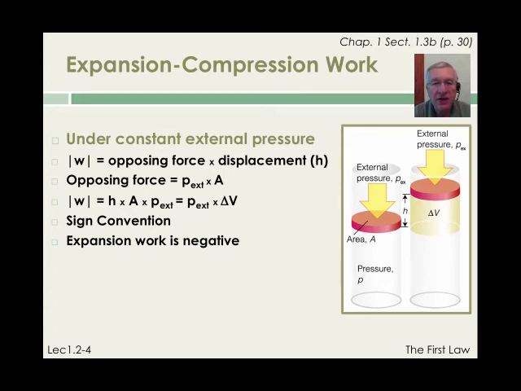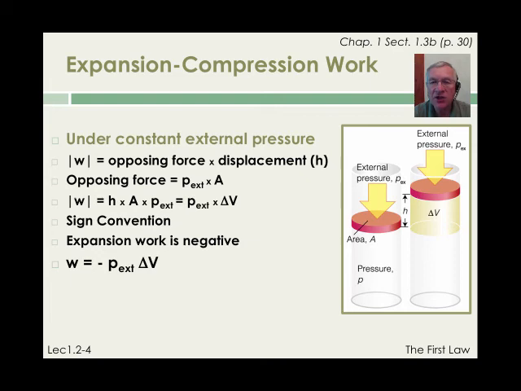We observe that the change in volume during the expansion process, delta V equals V final minus V initial, is positive, and the pressure is positive. So the work must be written as W equals minus P external times delta V. You will need to memorize this equation for the work of compression or expansion of any substance under a constant external pressure.